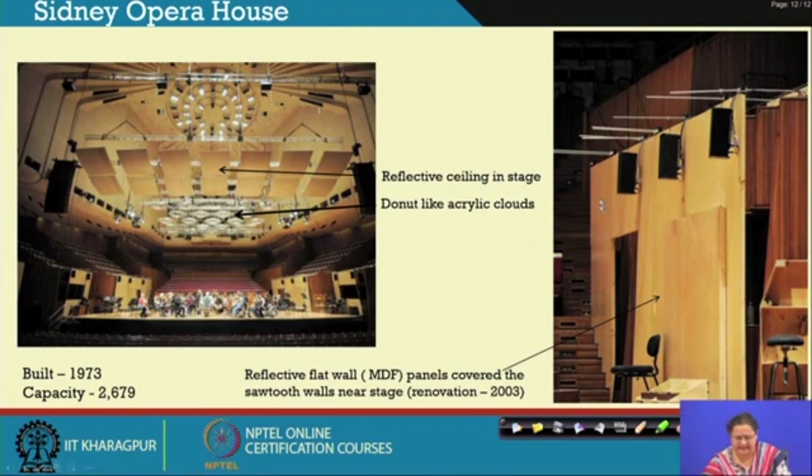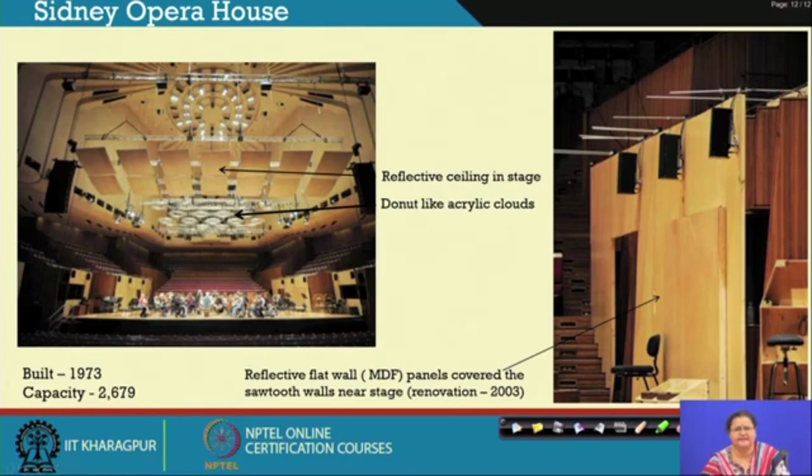You can see MDF reflective boards, which was a very cheap solution to cover up the sawtoothed facade near the stage and the front of the hall. So, these reflectors were added to improve the acoustical quality inside this hall.